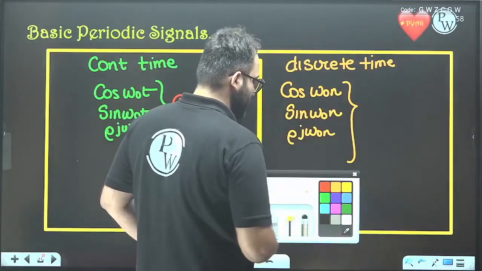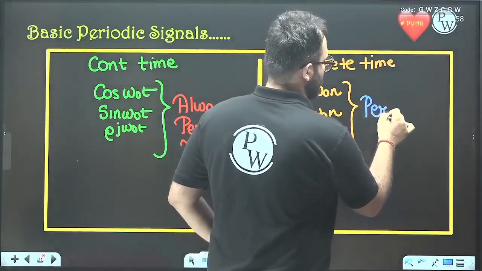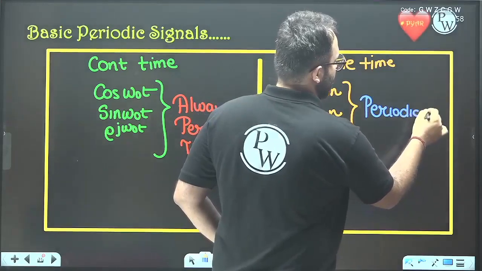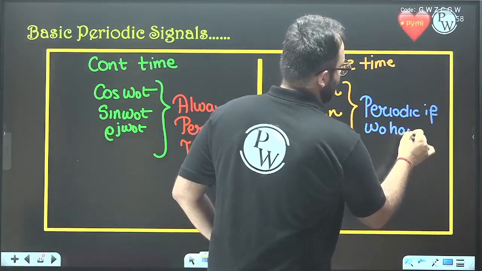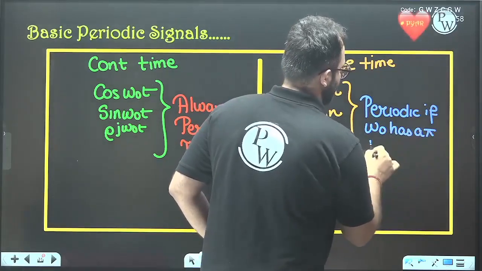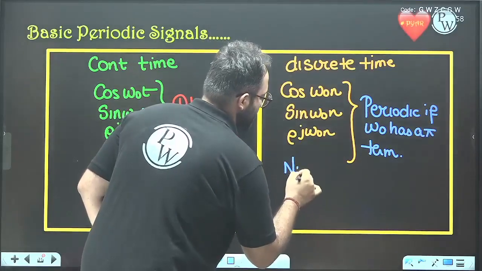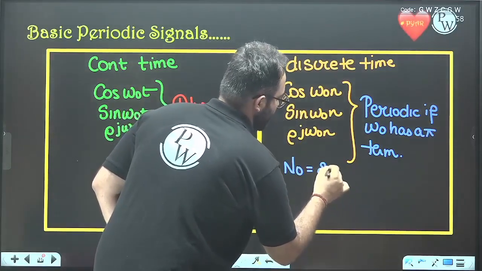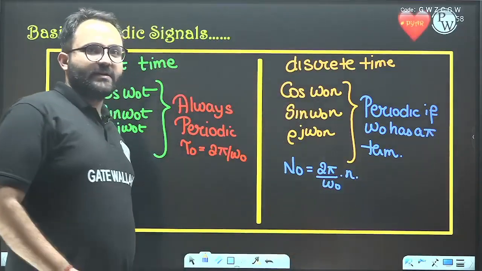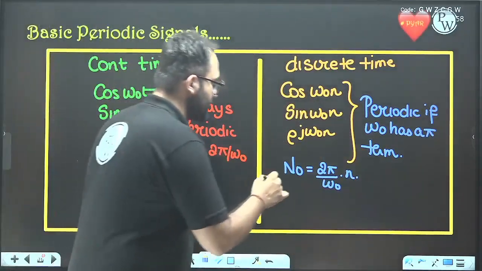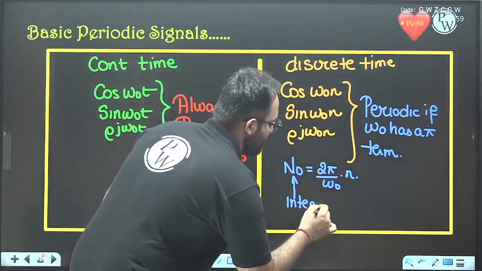These are periodic only if omega naught has a pi term in it. And if it is periodic, then the period is 2 pi by omega naught multiplied by n, and the condition is N naught has to be an integer.